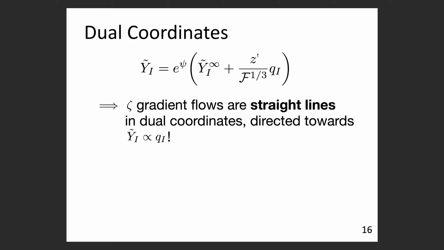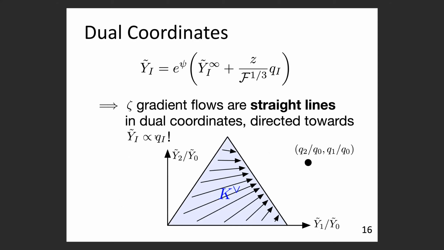If I wanted to write down what function of z they are, that's also easy here. But just to know what path they follow, they're just straight lines in dual coordinates, and they're directed towards the point where the dual coordinates are proportional to the charge. So this is a very nice picture. Here's an example. Let this triangle be the region where the dual coordinates can take values. It's not all values. I'm going to call that K check.